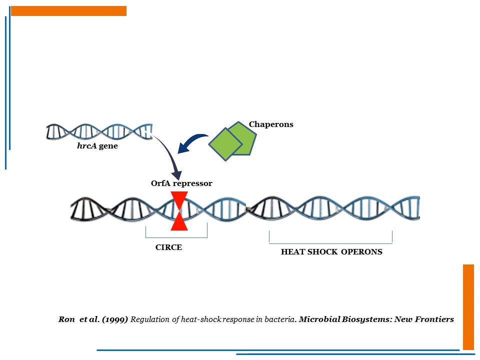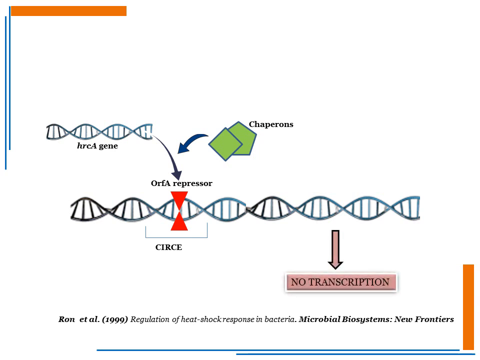Now this repressor can bind to an inverted repeat, that is a controlling inverted repeat of chaperone expression, CIRCE. Now the chaperone helps in proper folding of this repressor so that it can bind to the operator region, and the heat shock operons are not expressed, so there is no transcription.